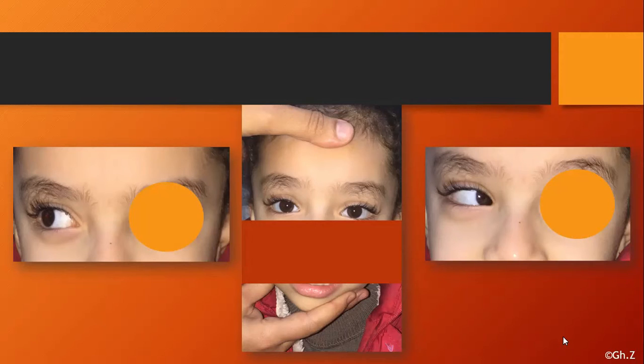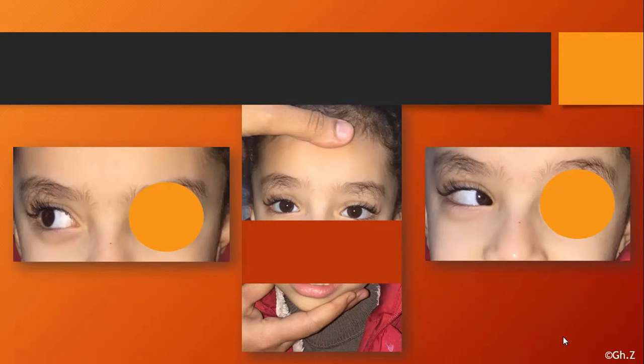And in the left side photo, this is normal abduction. It's hard to comment on this photo, but actually, in this case, you can see the temporal limbus, and there is no visible sclera behind the temporal limbus, so this is normal abduction. So the horizontal movement in the right eye is normal, whether adduction or abduction.